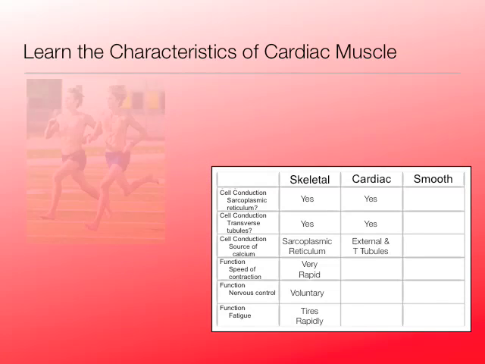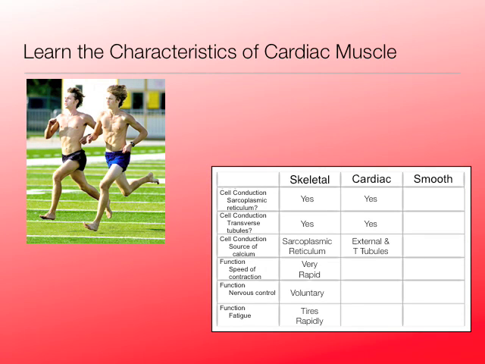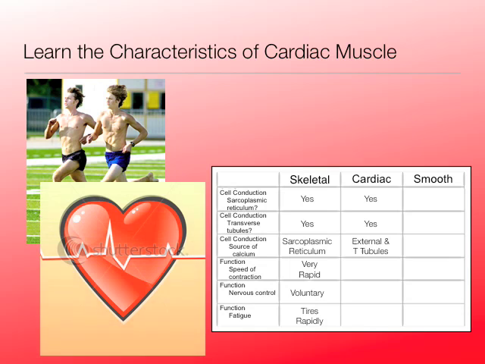The heart can still beat fairly fast. You know, when somebody's running, their heart's beating pretty fast. But if you look at an EKG and see the beating of the heart, it can't go too fast. What happens if the heart beats too fast?